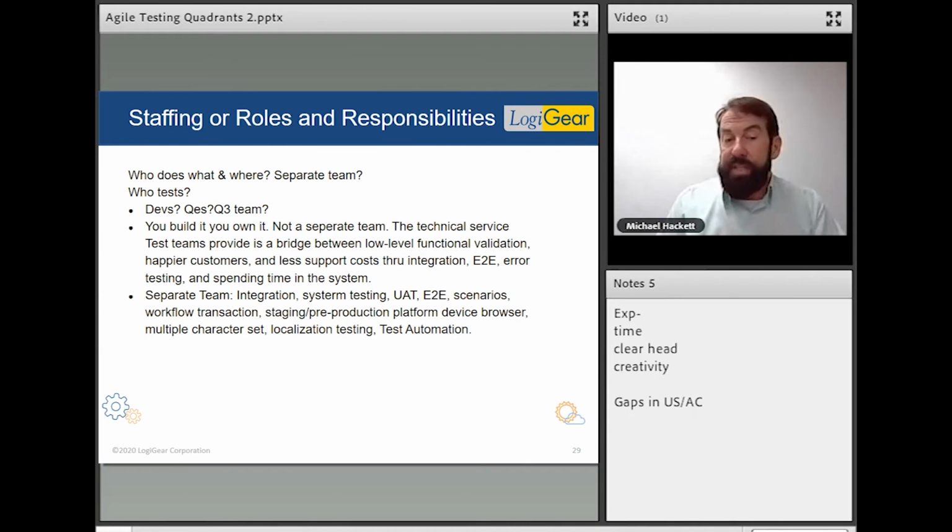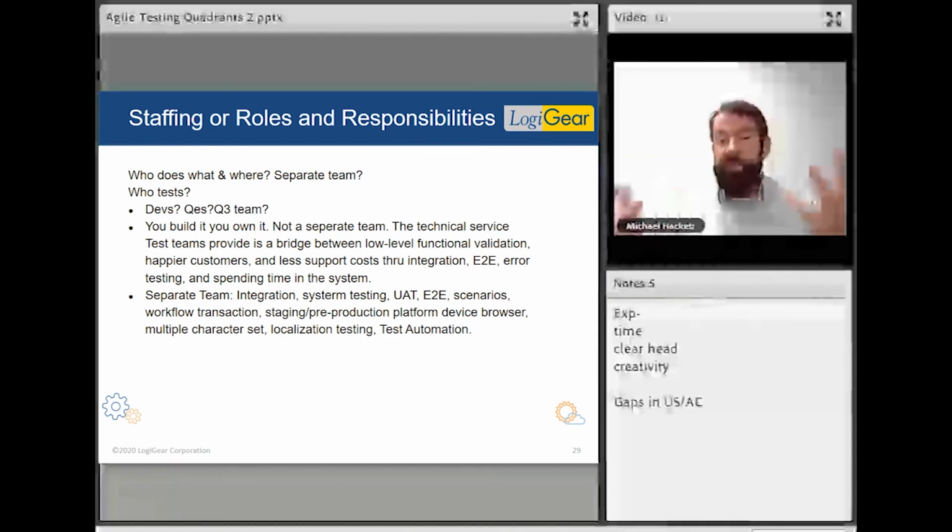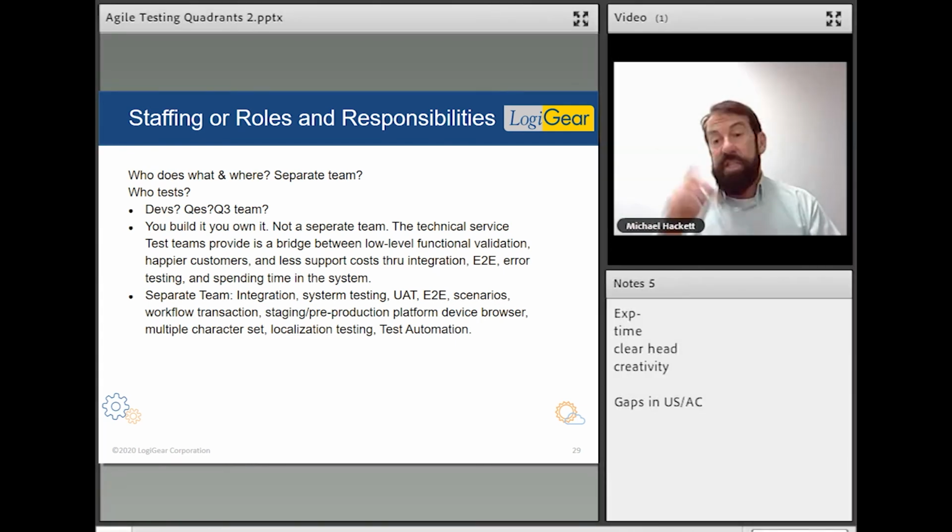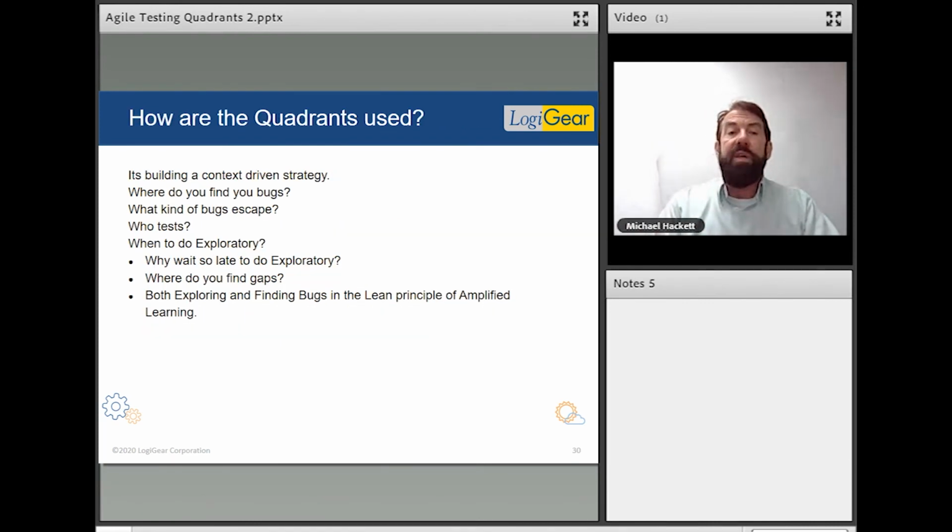If you do have a separate team that's doing quadrant 3, quadrant 4, they're probably going to be more responsible for the system testing, user acceptance testing, integration, depending on how you define integration, but end-to-end scenario, workflow, transaction, all these words, device, browser, and probably more responsible for test automation, at least from the UI perspective or through a UI, if it's happening by a separate team.